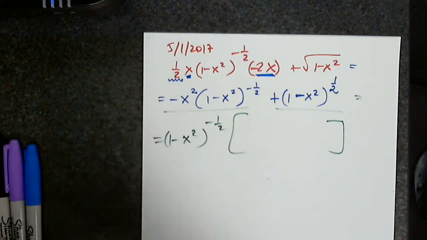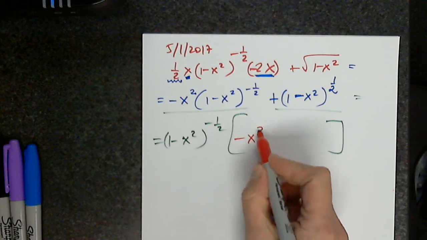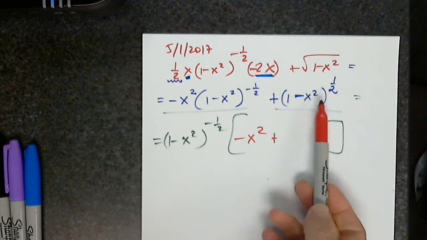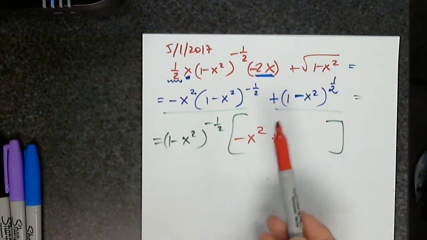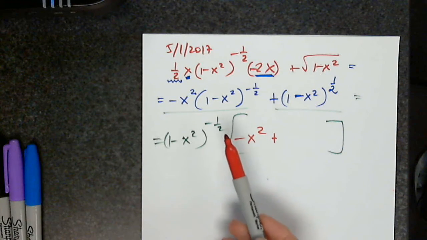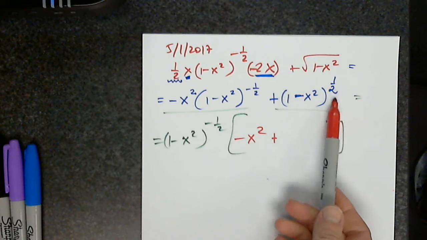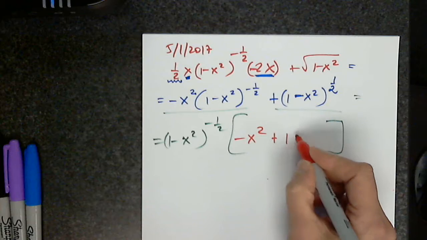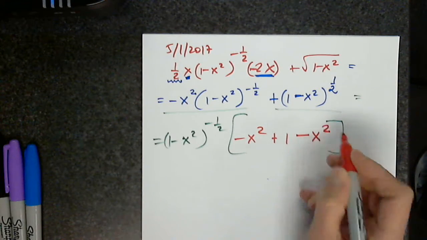What is left is negative x squared, plus. Now, from (1 minus x squared) to 1/2, if I take out (1 minus x squared) to negative 1/2, it means 1/2 minus negative 1/2, which is 1. So that's why I have this.